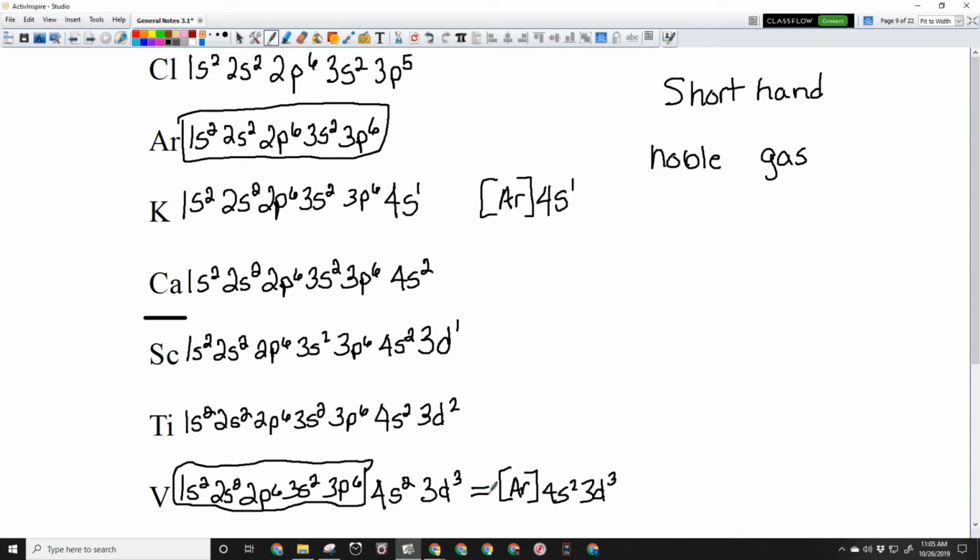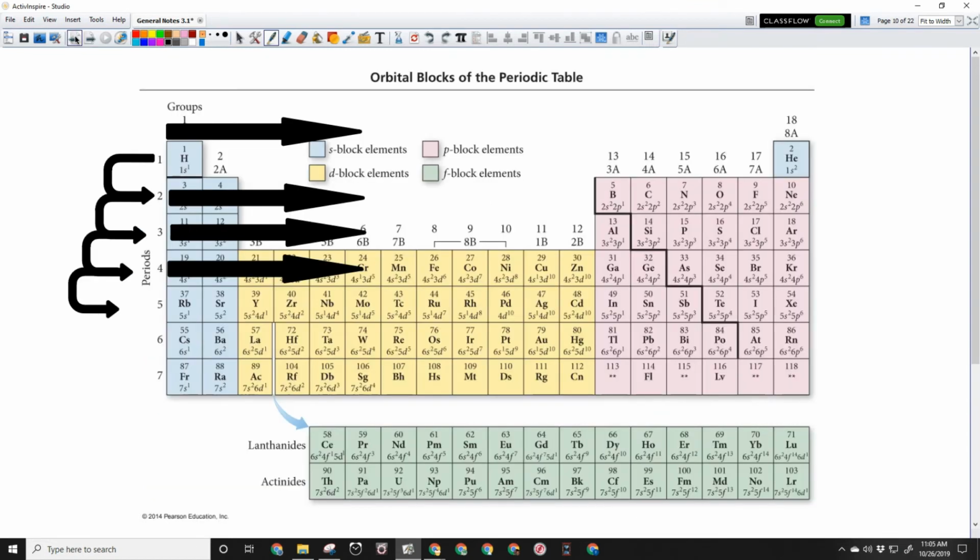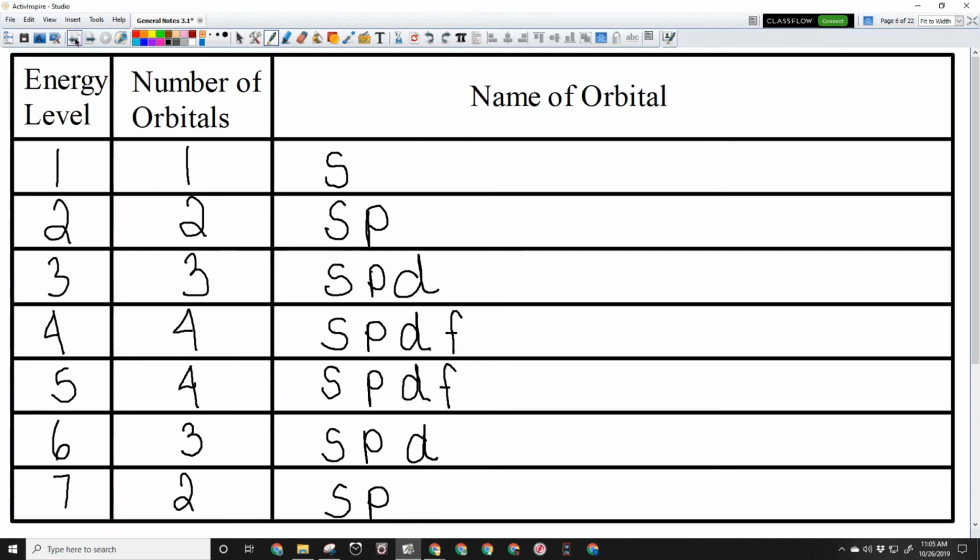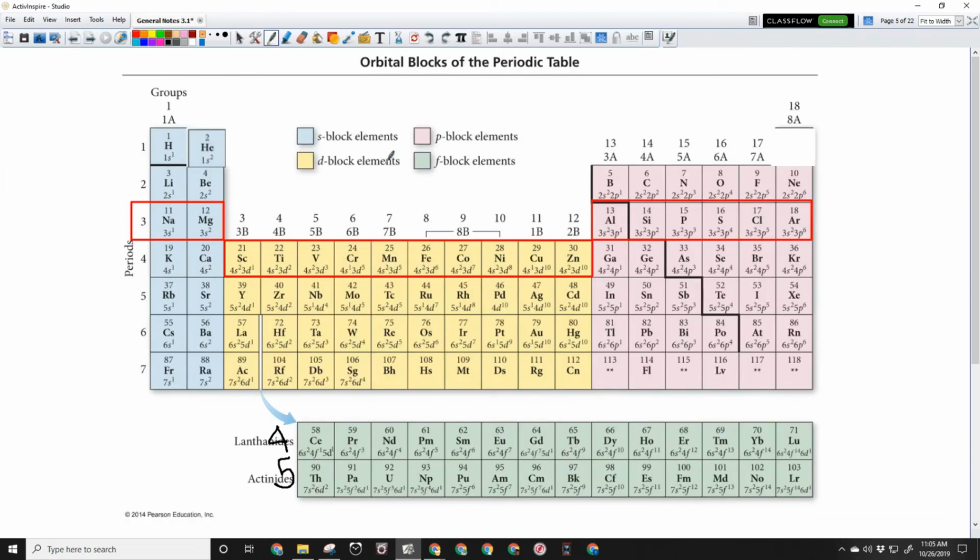Okay, so that's much shorter than writing all of this. And then by the time we get to francium, you remember I said all of that big, long configuration for francium. If we were writing the noble gas configuration for francium, I would use radon, Rn, in brackets, and then just write 7s1.